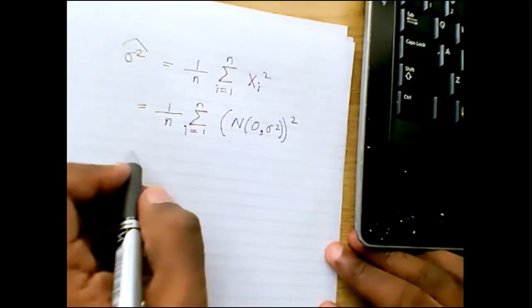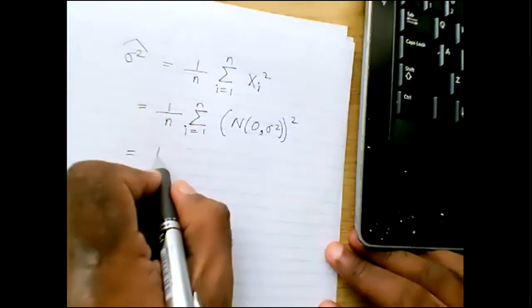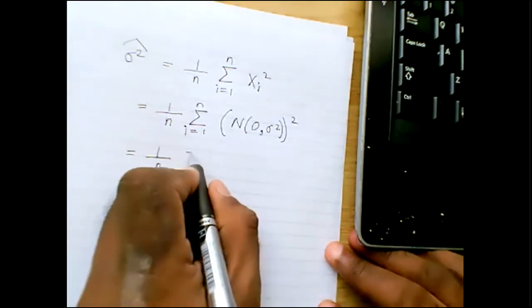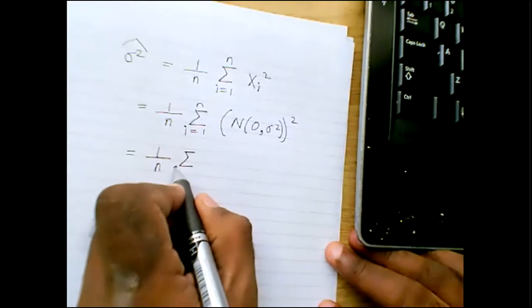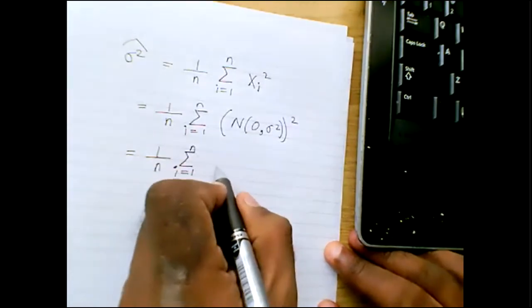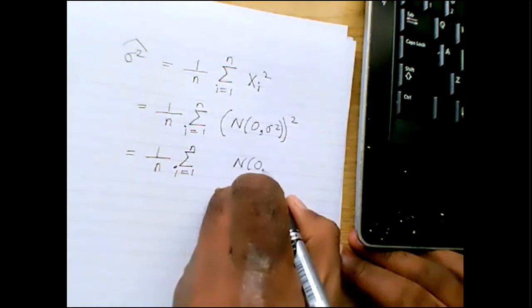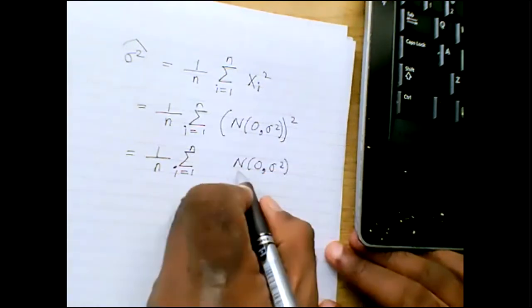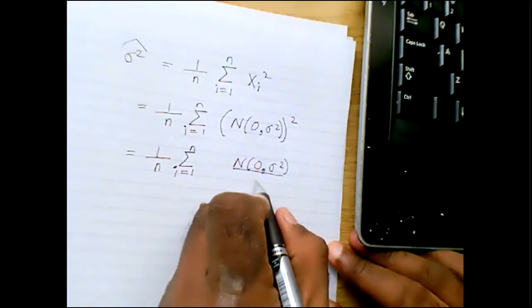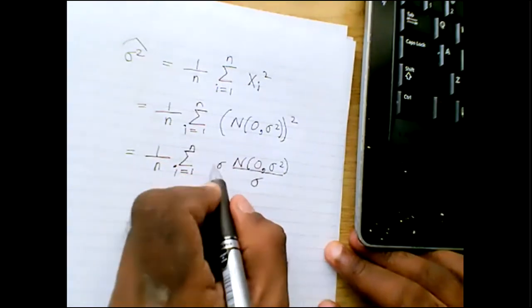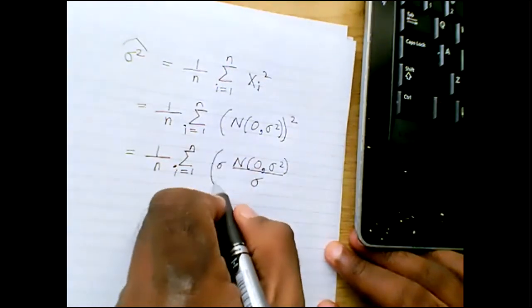Right, now what I'm going to do is the following. I'm going to divide this by sigma, right, and multiply by sigma. You will see why I'm doing this in a minute.